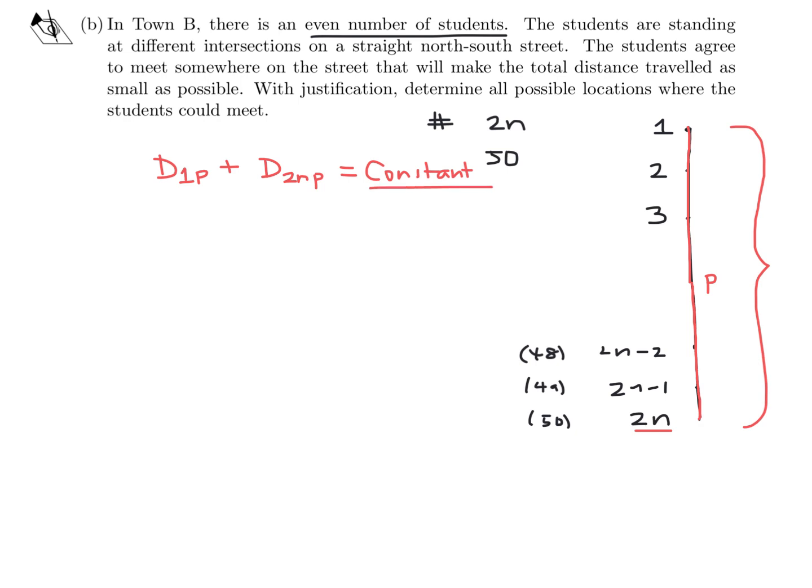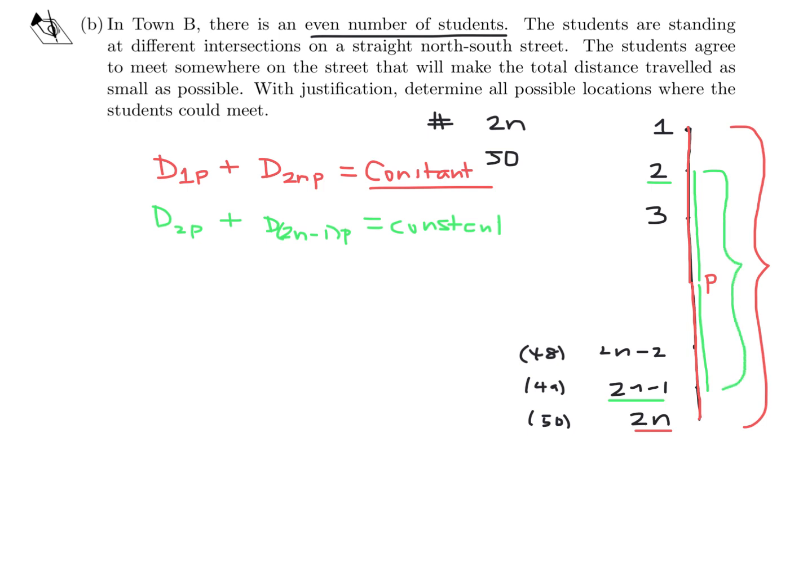Now something interesting happens. If you do the same thing using now 2 and 2n minus 1, the distance from 2 to P and the distance from 2n minus 1 to P, if you add those, they also give a constant value. And regardless of where P is, that distance will be this distance, whatever that distance is.